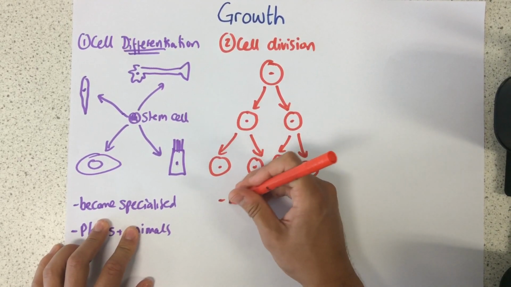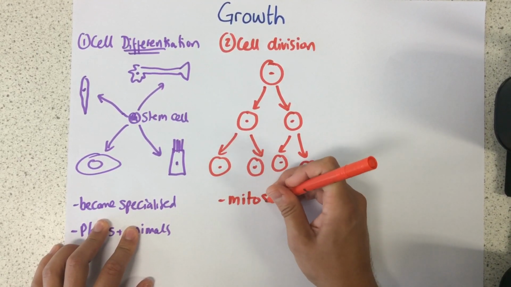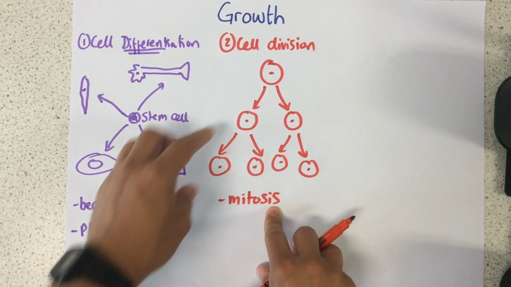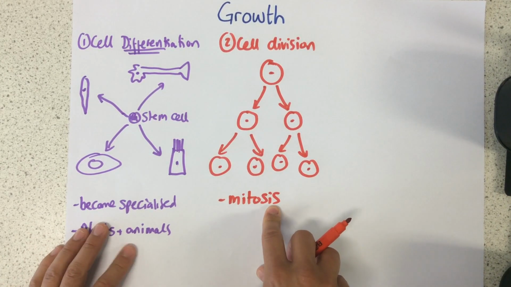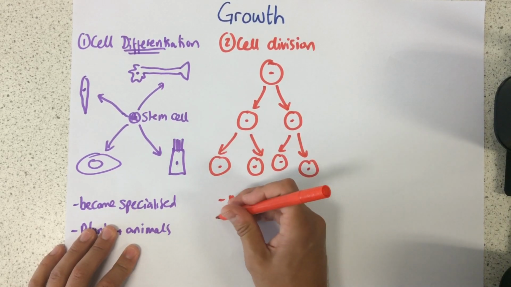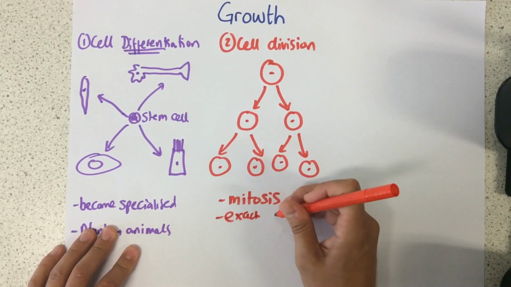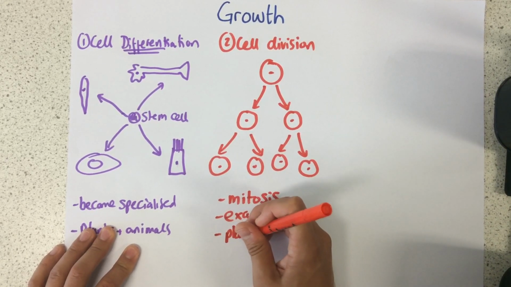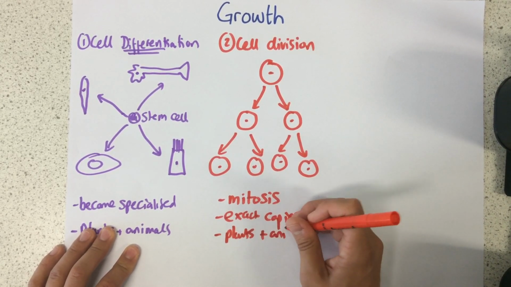The process by which this occurs is called mitosis. Again, I've got a particular video about mitosis to show the different stages of that, because it involves just making exact copies. This also occurs in both plants and animals.